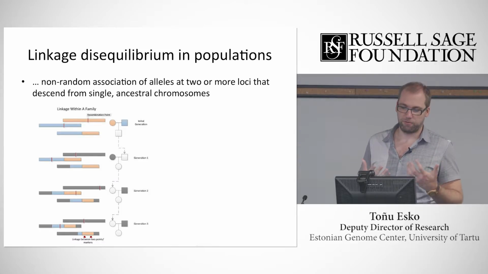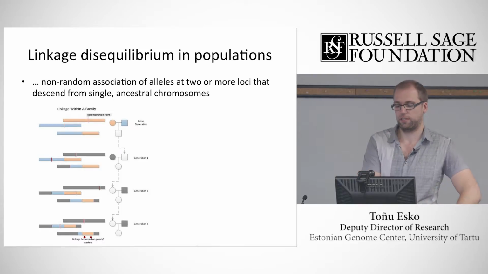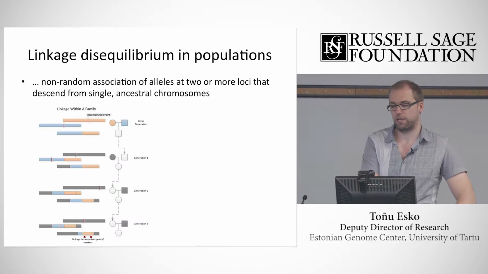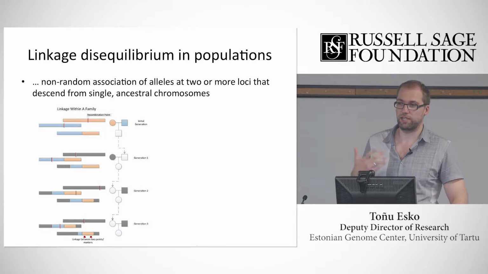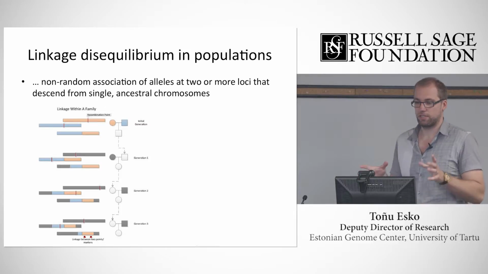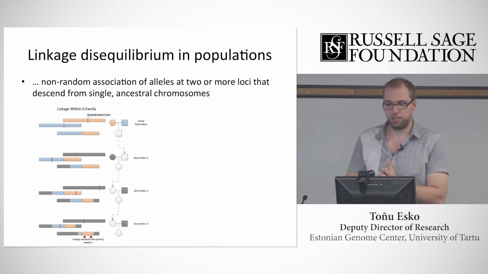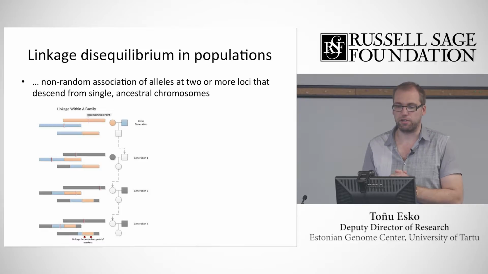So if we can identify this particular haplotype, then we can automatically say what the other variants or other mutations within this haploblock are. And this is linkage disequilibrium: that the variants are linked across a certain physical length.